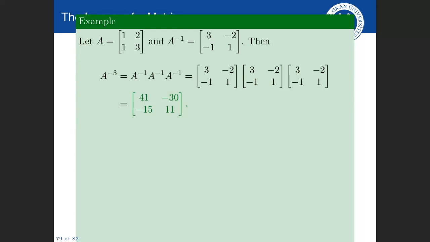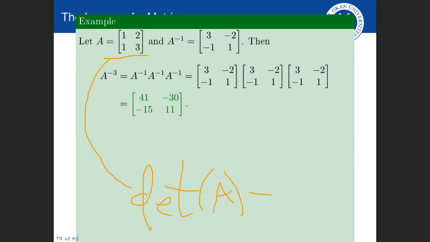And I'm going to do this for 2 by 2 matrices. I've started with A, that's 1, 2, 1, 3. What is the determinant of this matrix? It's 1 multiplied by 3, which is 3, minus 2 multiplied by 1.